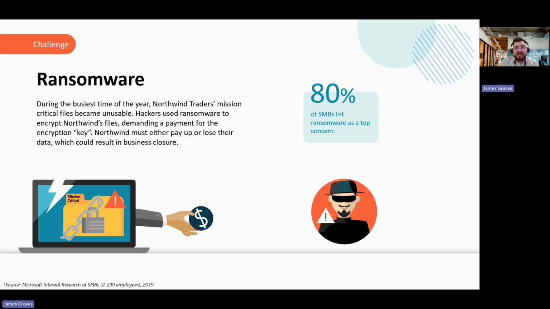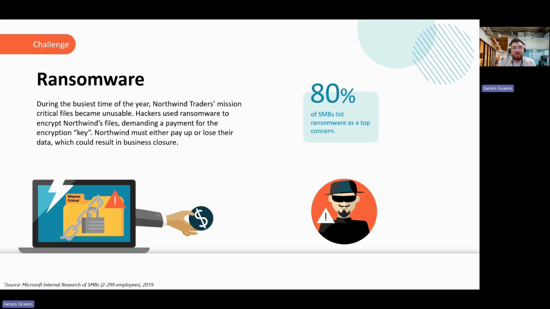80% of SMBs, as you'll see on their list, rate ransomware as a top concern for them. And we've got another example here with Northwinds being a target of that, shall we say. So it says, during the busiest time of year, Northwinds Traders' mission critical files became unusable. Hackers used ransomware, encrypted the files, demanded a payment, nobody could get access.